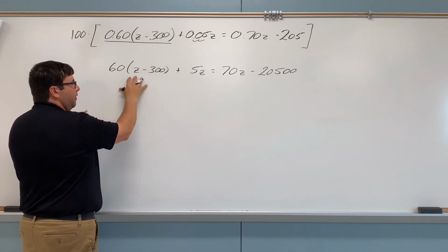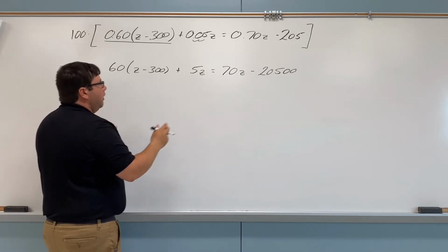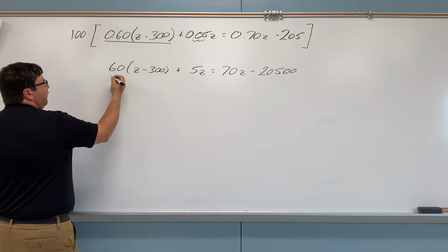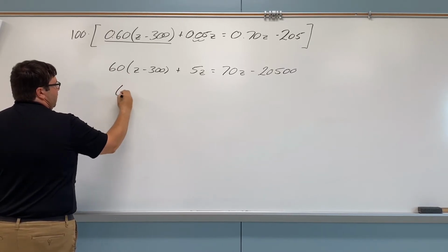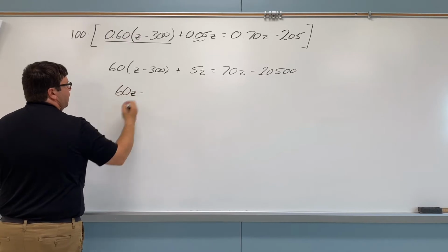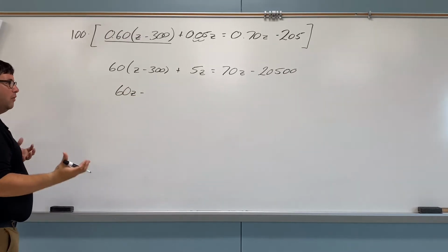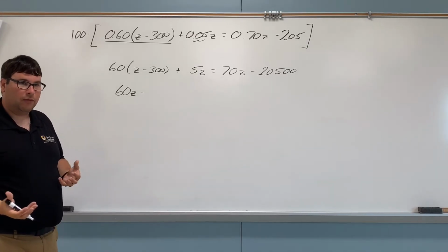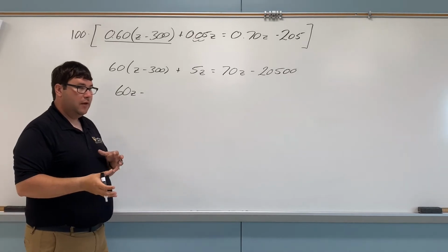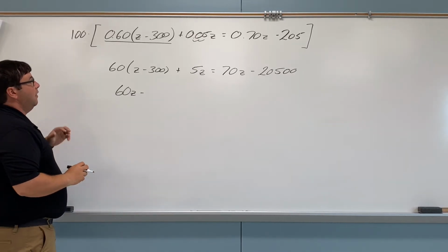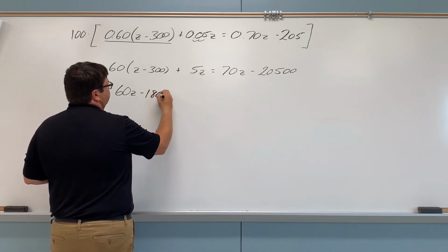We have a couple of steps that we need to do here, and we see some z's throughout the problem. So let's go ahead and take that. If I have 60 times these two pieces, 60 times z is easy, that's 60z. 60 times 300, I encourage you to always use calculators when you have them at your disposal. That way you're not getting confused on your calculations. But 60 times 300, we are looking at 18,000.